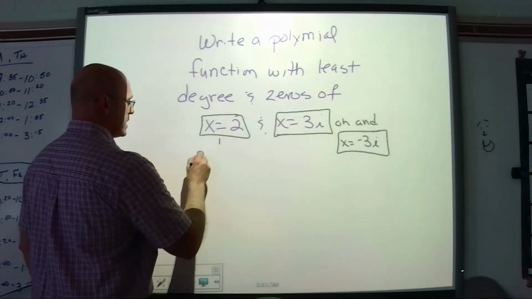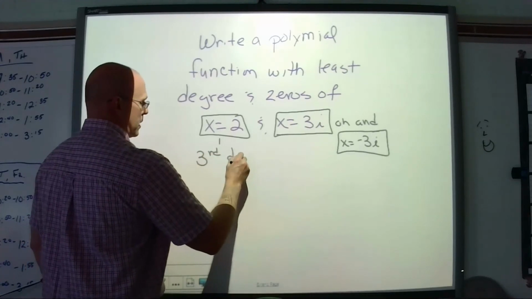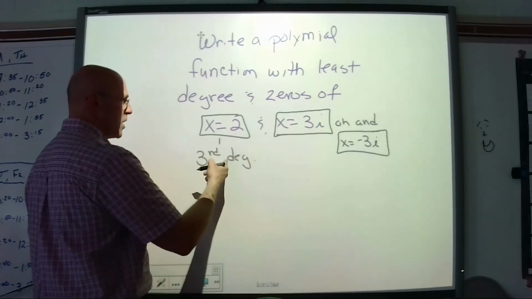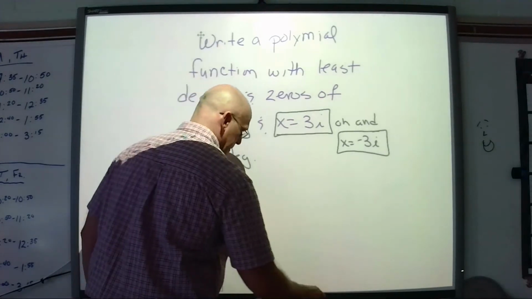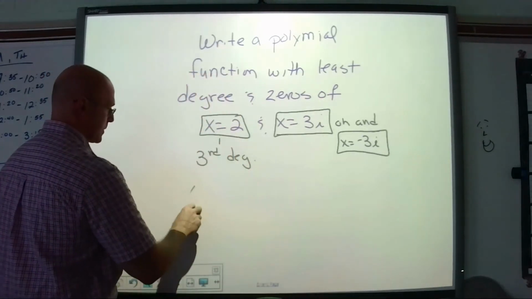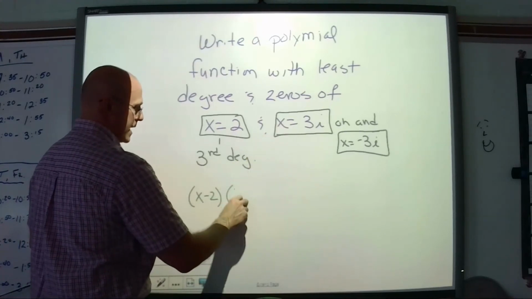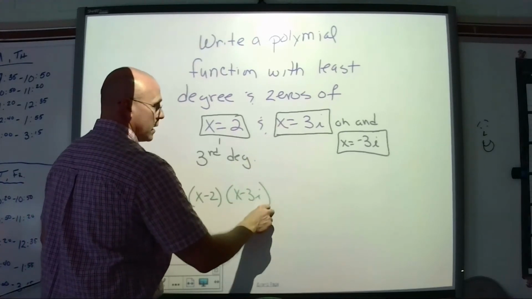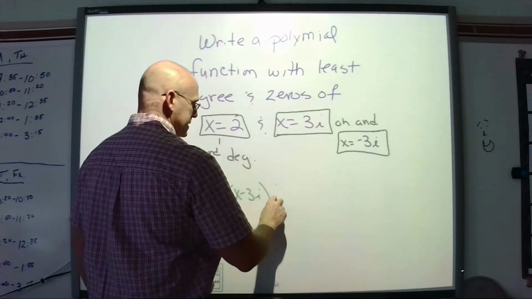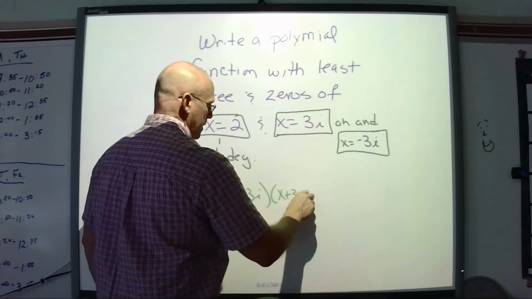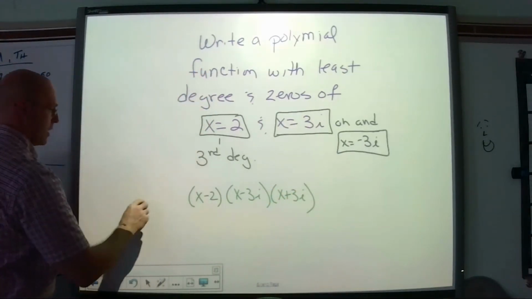Once I know that, write my factors. x equals 2 is going to be the factor x minus 2. x equals 3i is x minus 3i. x equals negative 3i is x plus 3i. This is going to be my function f of x.